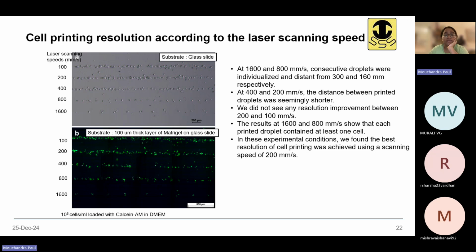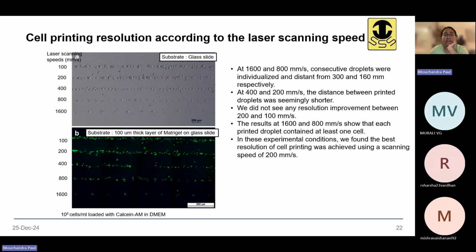Also, if you see in terms of how many cells are there in the droplet, you'll see that for very high scanning speed, the cell number is becoming very less. Meaning only one or two cells get trapped in the droplet with the high scanning speed.